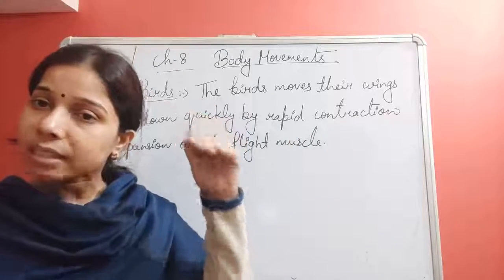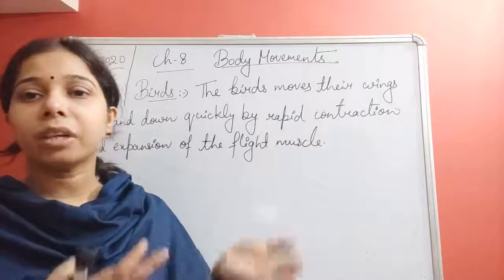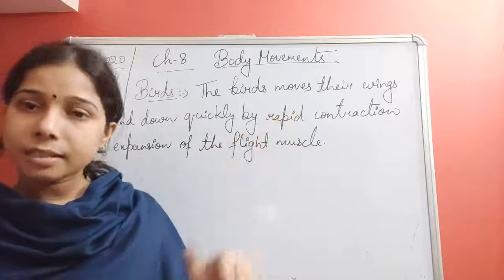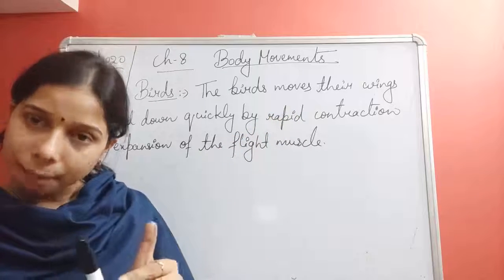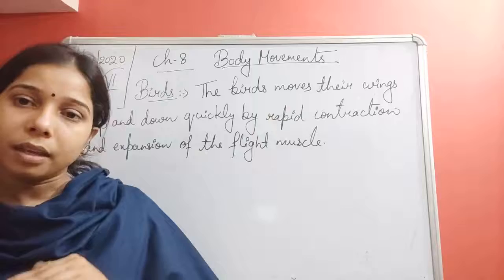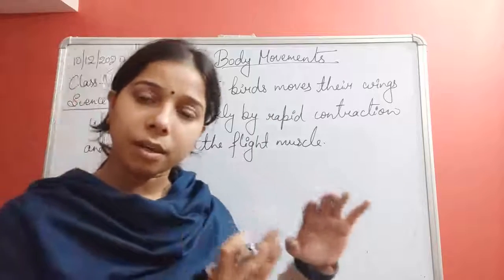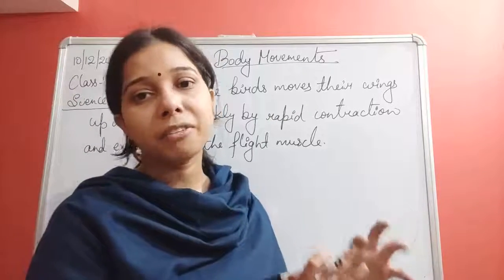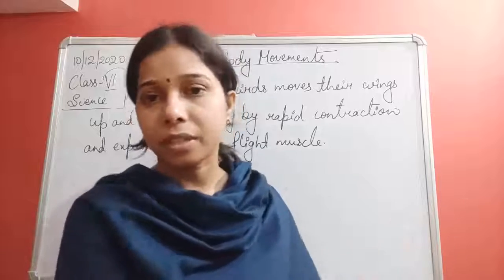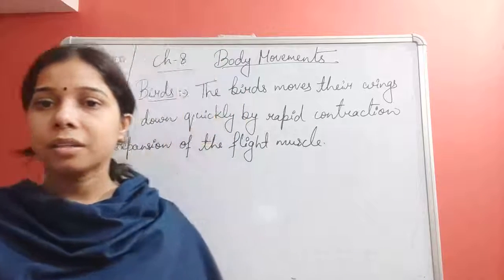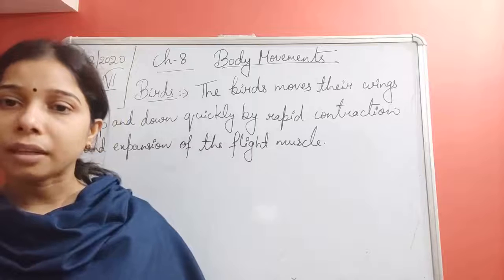So when it applies force in the downward direction, air lifts it upward, and at the same time it applies force in the backward direction, so the air equally applies a force to move it in the forward direction. By this, birds are able to fly in the air.